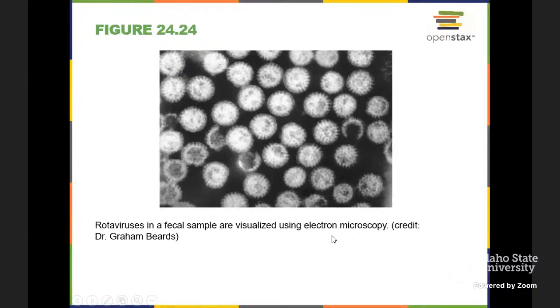A little bit of some virus, rotaviruses. There are a handful of viral GI issues, with some similarities in the symptoms. These are round, look like little wheels. You can sort of, with your imagination, see some little spikes on the surface of the capsids.